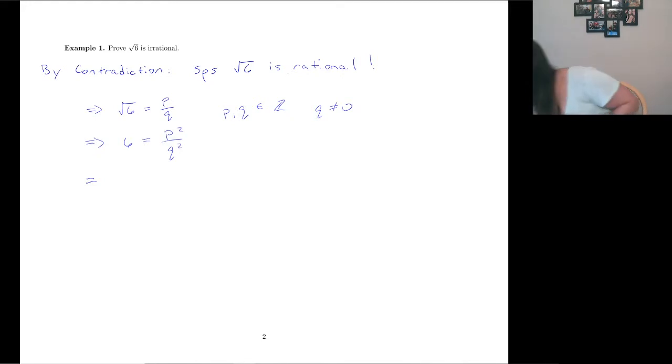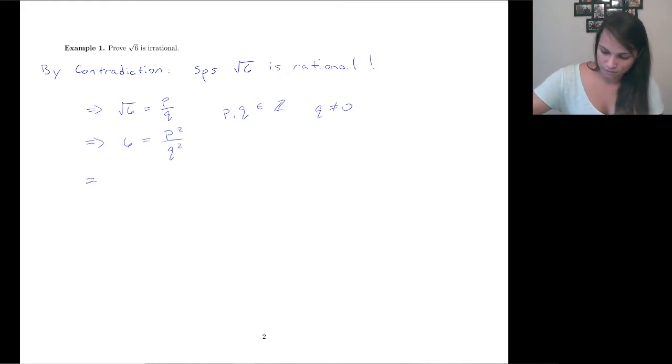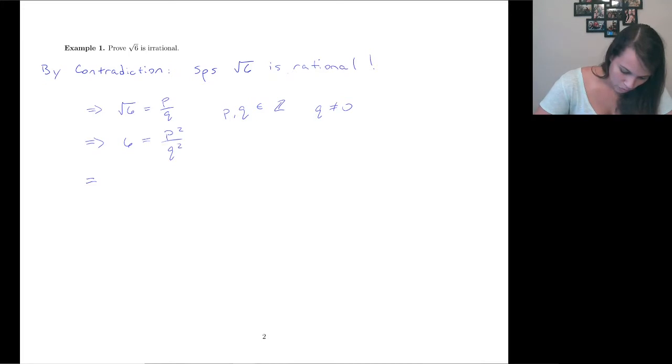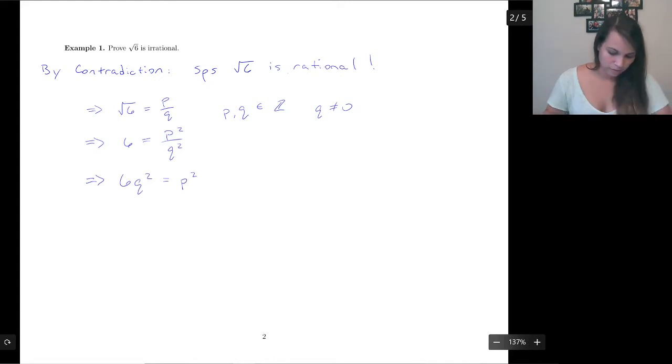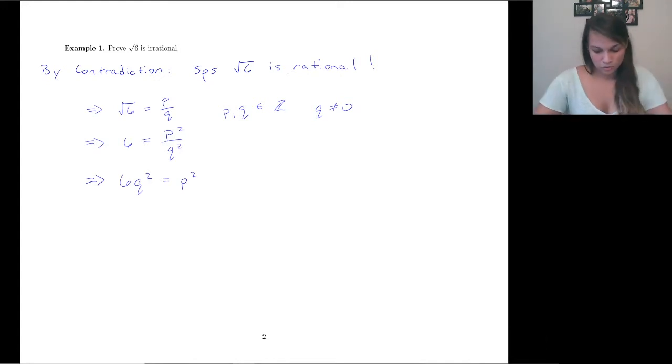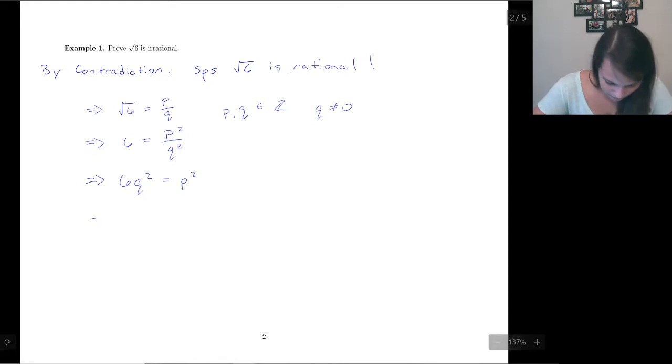Sorry, running out of battery. There we go. We can multiply both sides by q squared. There we go. So then I see this and I'm just like, oh, that's even on one side. That means I can now conclude things about p squared. So let's rewrite that.